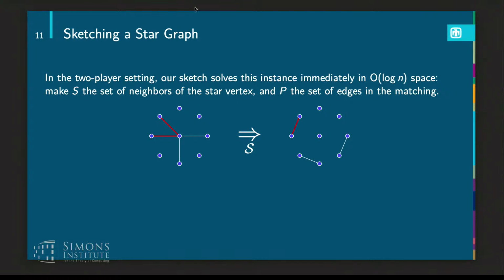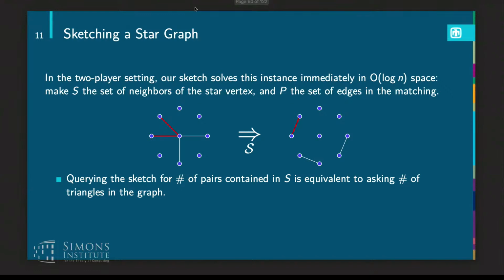The first player sketches each of the neighbors of the star, makes that their set, and sends the log space quantum sketch to the second player. The second player then queries it with the set of pairs that corresponds directly to the matching edges. Since the sketch lets you ask how many of these pairs are contained in S, the sketch tells you how many triangles there are in the graph.